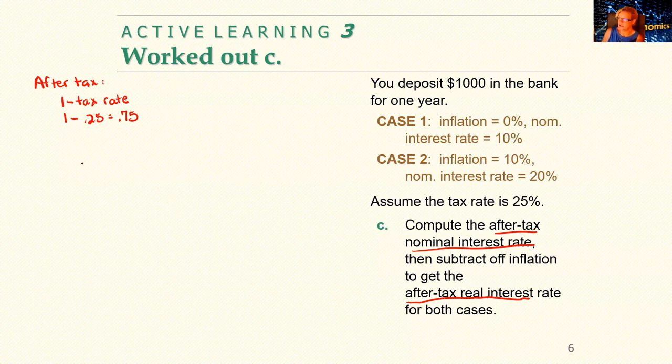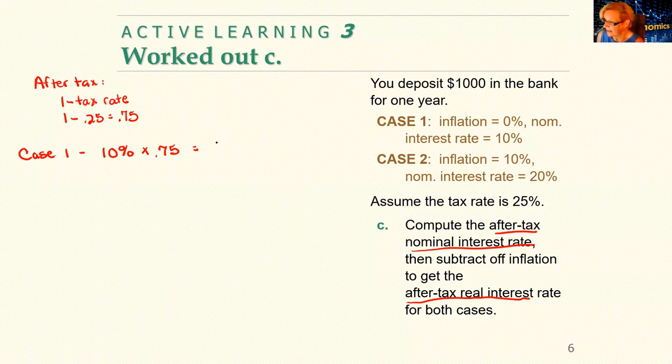So we're going to compute the after-tax nominal interest rate. Here we'll take case one. If we have a nominal interest rate of 10%, we get to keep 75% of that.